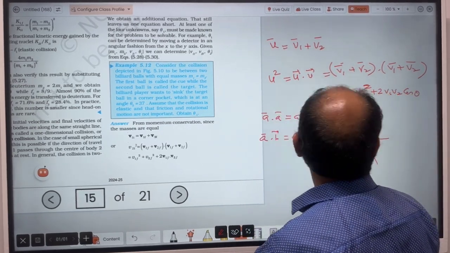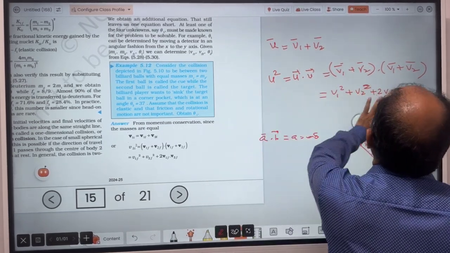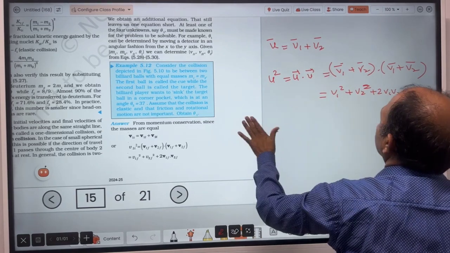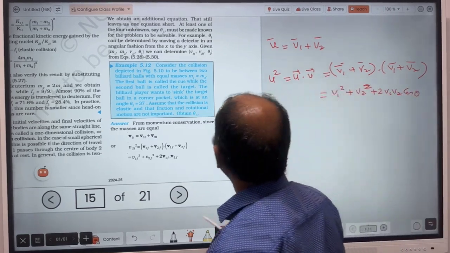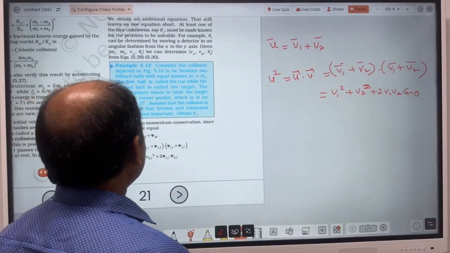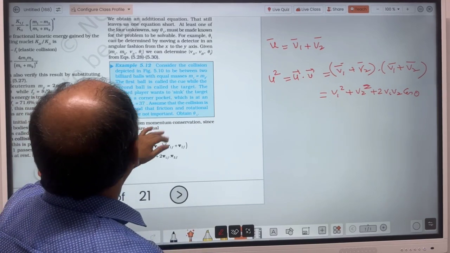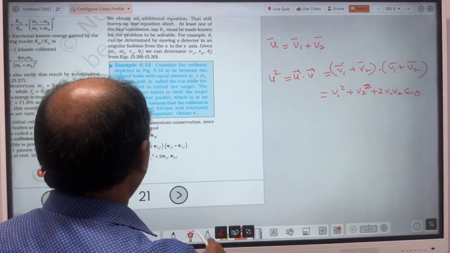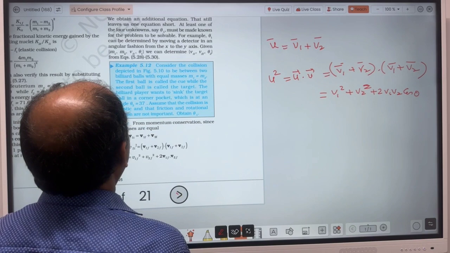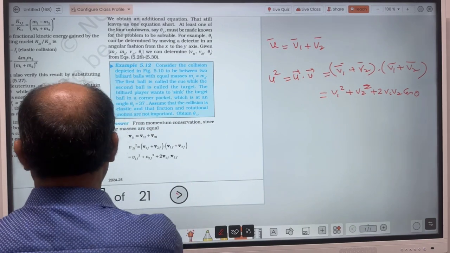Now our question says that you have to find out theta 1. So what is the situation? Let's see.